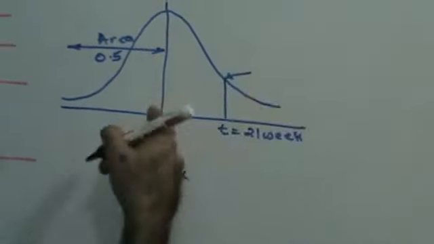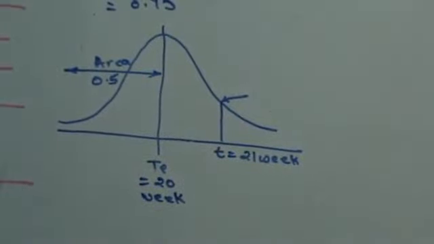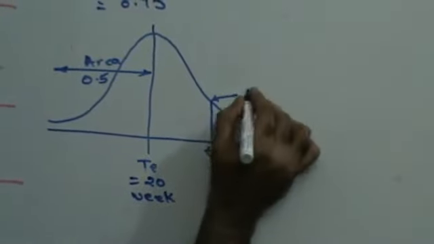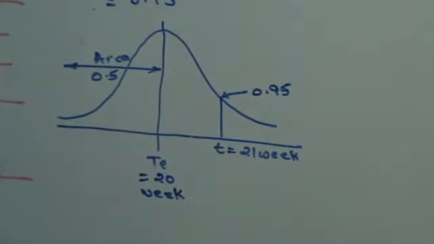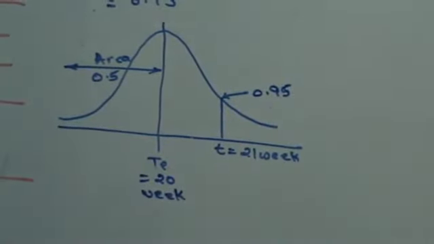The normal distribution variable on the bell curve for 21 weeks, you have found out, is 0.95.